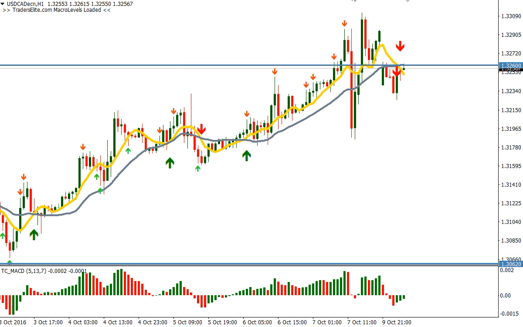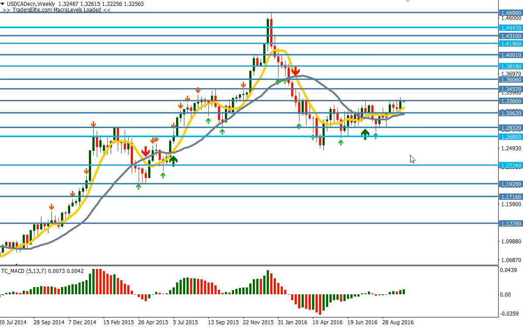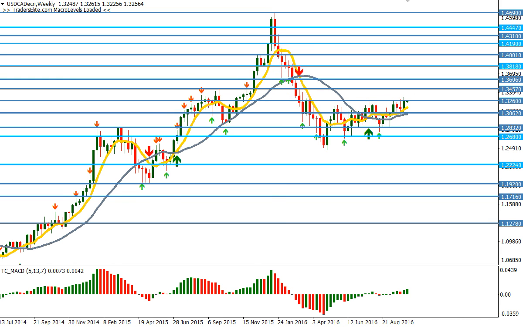That really hasn't changed too much, but let's look at the weekly. On the weekly, we've got a new weekly trend trade forming. So, it's been drifting upwards, nothing to get too excited about, but it does follow this massive weekly run.